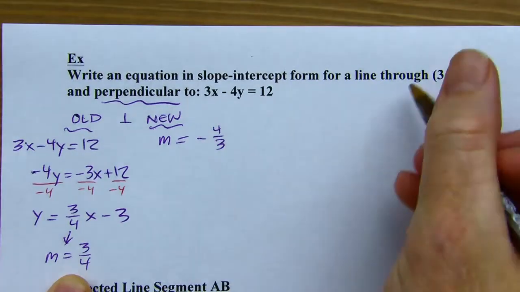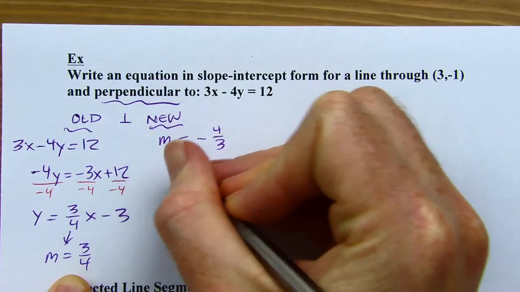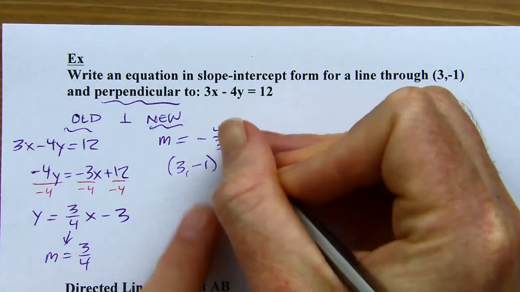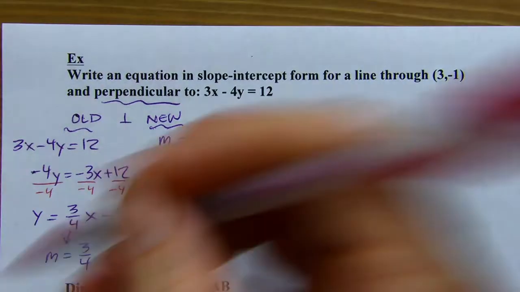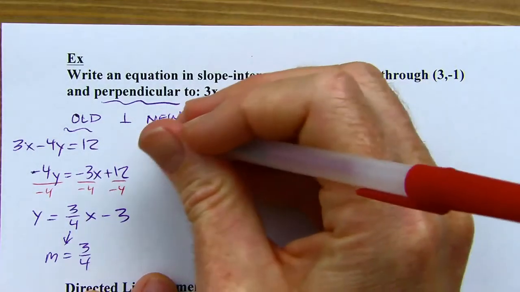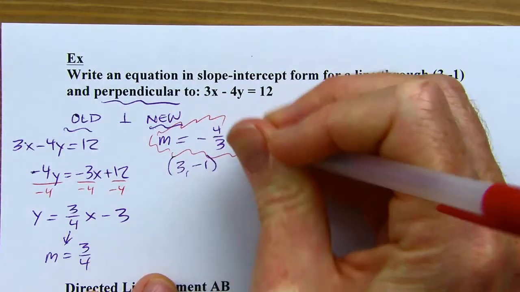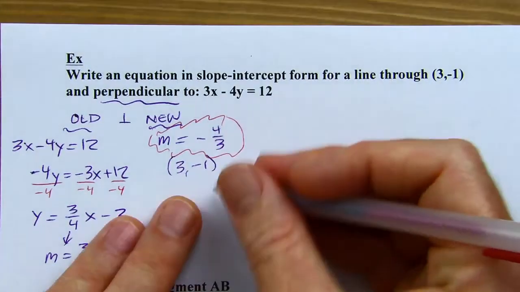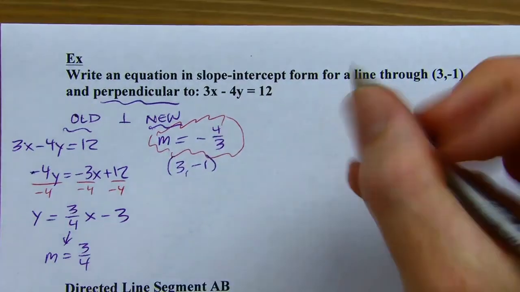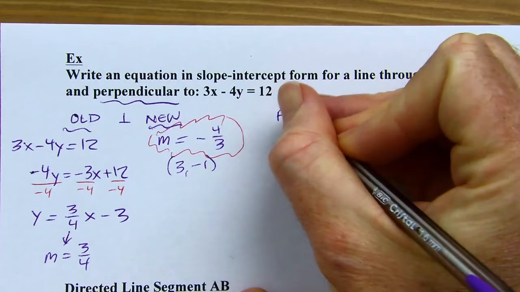And I've also got the through point. So now I'm going to use this slope and this through point. The slope is one of my important pieces of info, but I still need the y-intercept. So I'm going to use these two pieces of information together to find b.